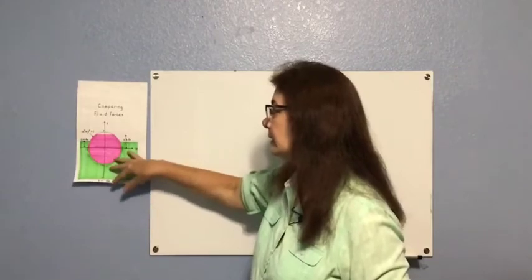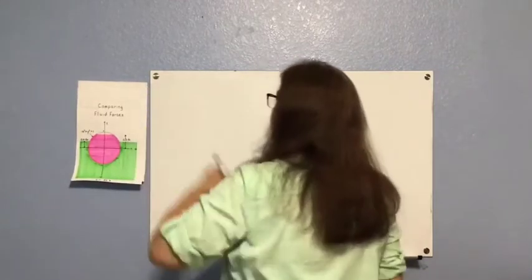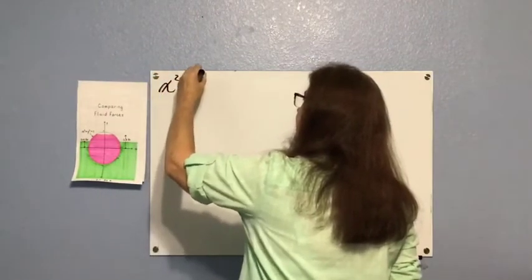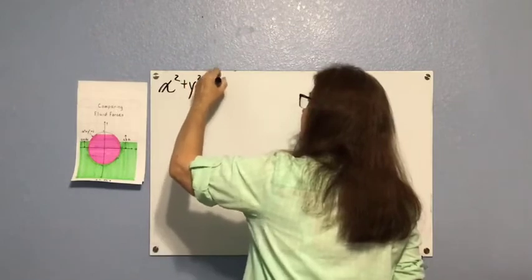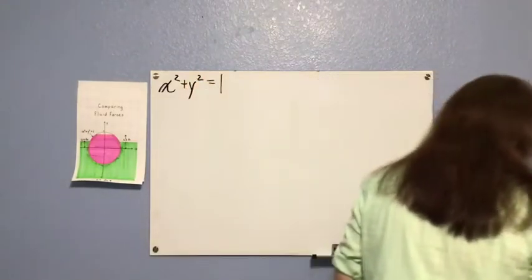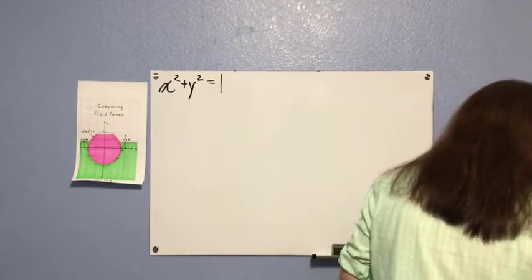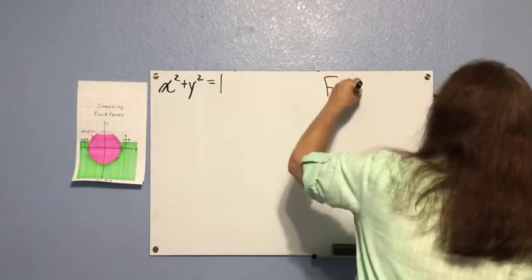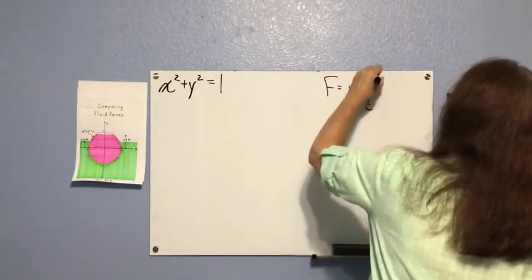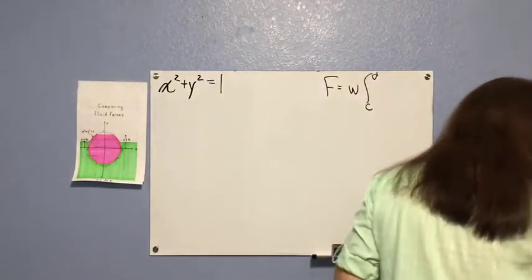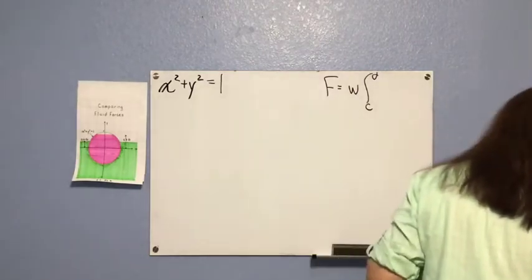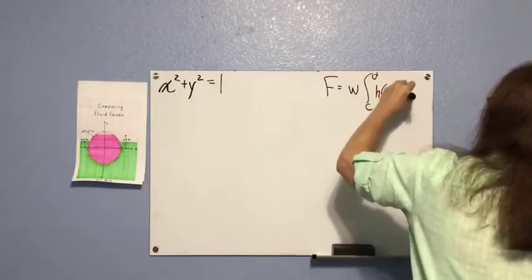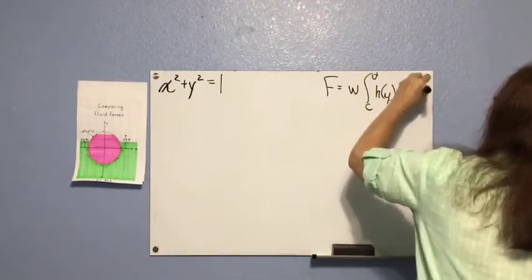So let's take a look at these. First, I want to remember that the equation of my tank is x squared plus y squared equals 1. And then our equation for fluid force is F is equal to W times the integral from C to D of H of Y times L of Y dy.